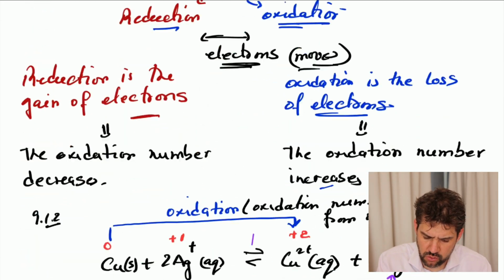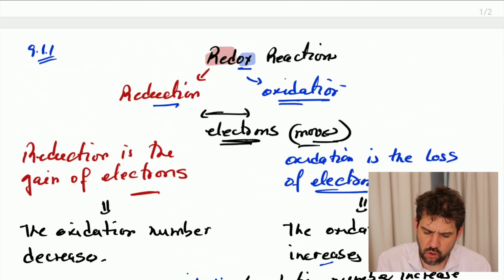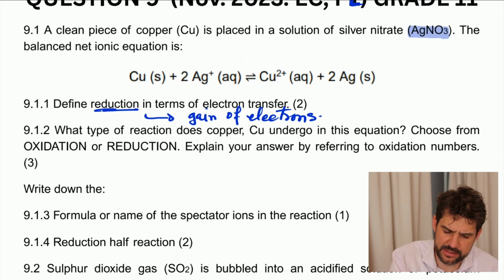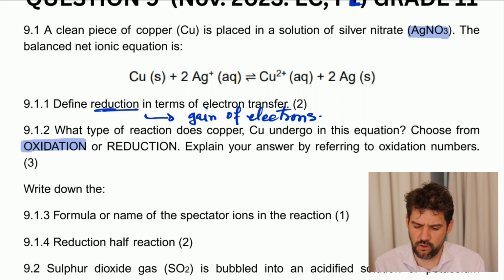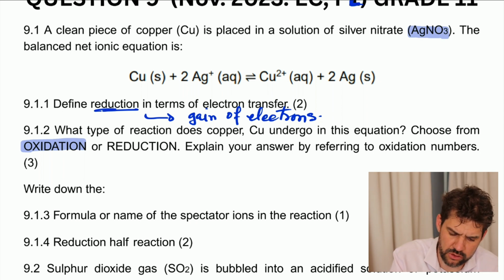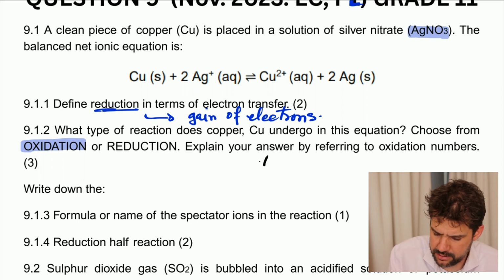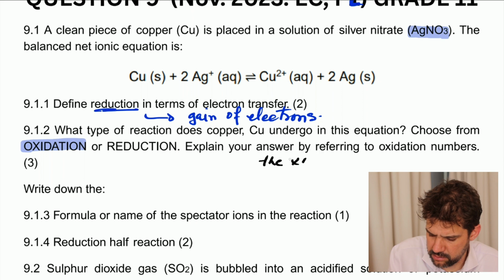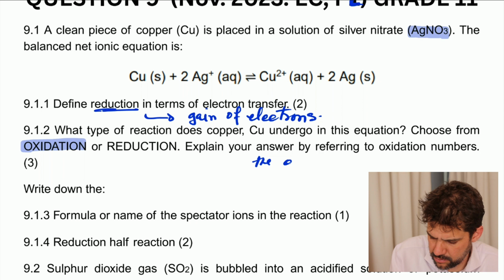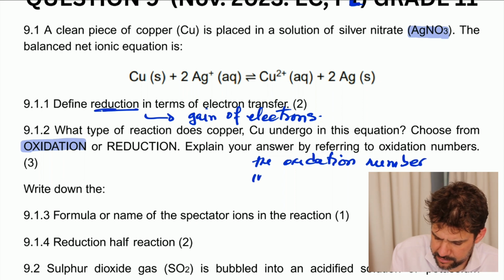What did copper do according to what we look? Copper is oxidation, or it oxidized. So what happened there is oxidation. Let's mark it here. Explain your answer in terms of oxidation number, because the oxidation number increases. I'm just going to write it here. The oxidation number increases.